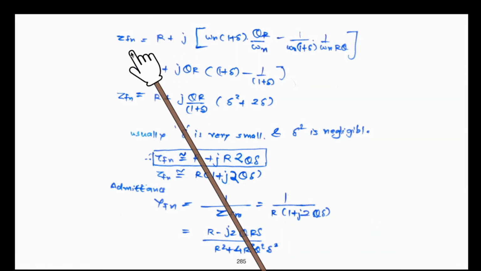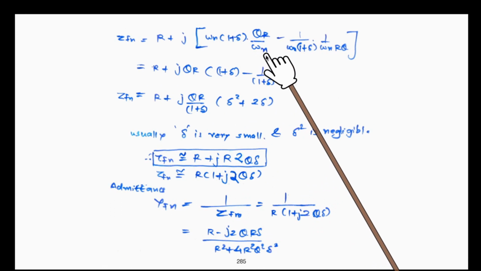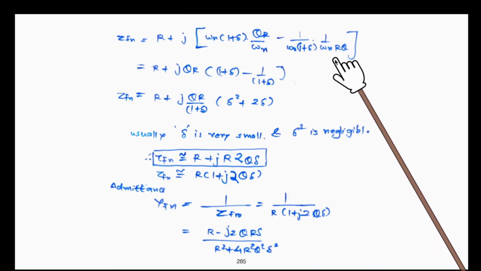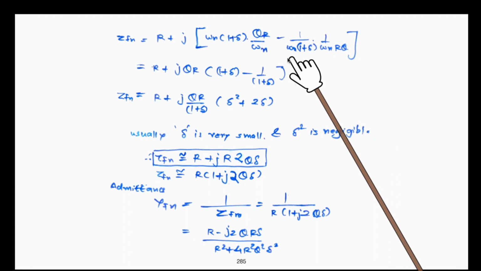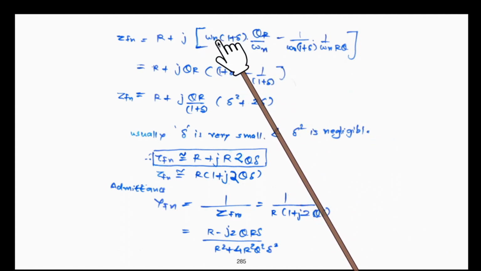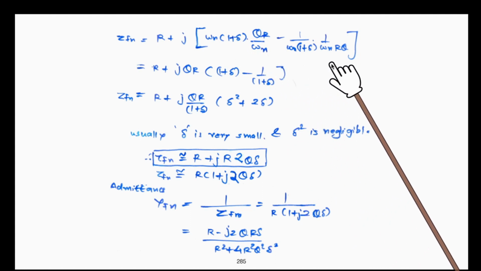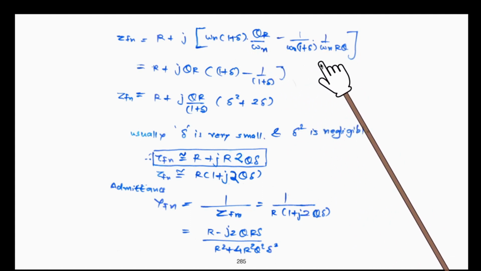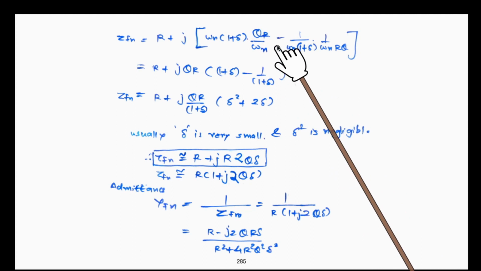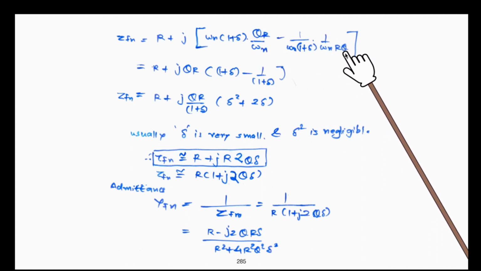Observe carefully that this is ZFN. Some simplification can be done here. We are substituting omega n dash in terms of omega n, so omega n dash is equal to 1 plus delta times omega n. Then we simplify, substituting L in terms of QR upon omega n, and similarly C equal to 1 upon omega n RQ.